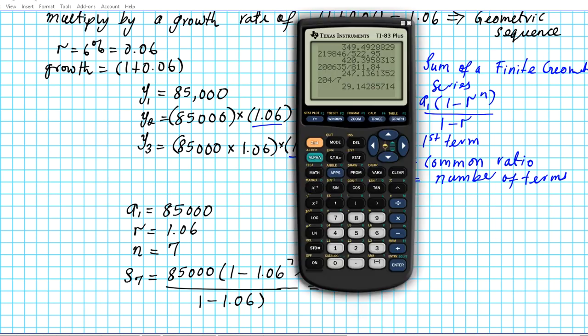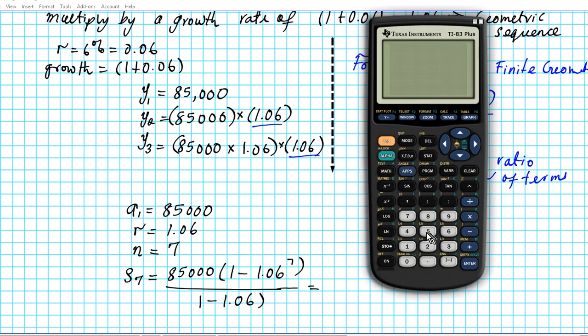We're going to be using the TI-83 Plus for this computation. Let's do it this way so we don't mess it up: parentheses, 85,000, parentheses, 1 minus 1.06. You use the caret button, right here, raised to the 7 to exponentiate. Notice I have two parentheses.